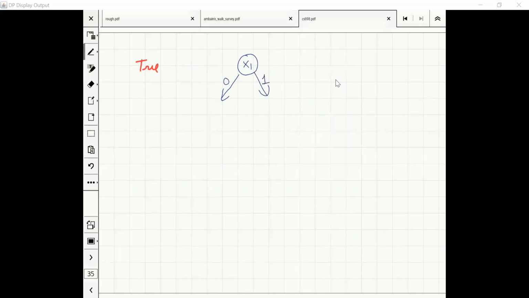Looking at 0, this edge represents some kind of computation which I don't care about, but then it goes to some bit x5. If x1 was 1, it could be something like x10. And then again 0, 1, again some inputs, and after some time, once I have queried some of the variables, I'm sure that the value is 1.